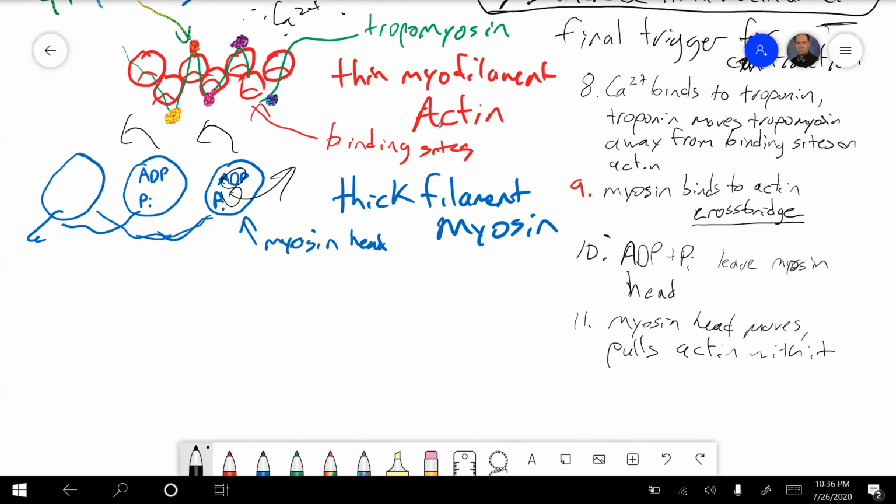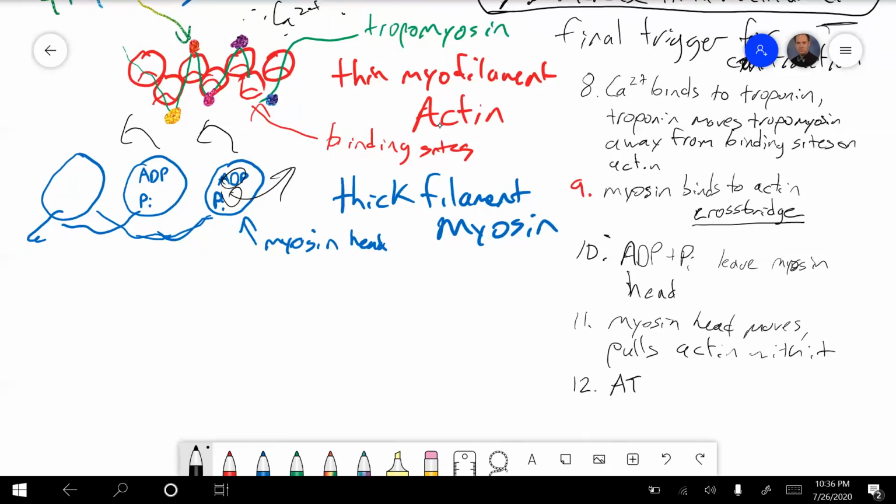The filament gets shorter because those cytoskeletal elements are pulling on each other. It's like grabbing a rope and pulling it in toward yourself. Those myosin heads grab onto it, and they start walking it in and pulling it in. When the myosin head moves, there's a vacancy that's been created by the exiting of that ADP and that inorganic phosphate.